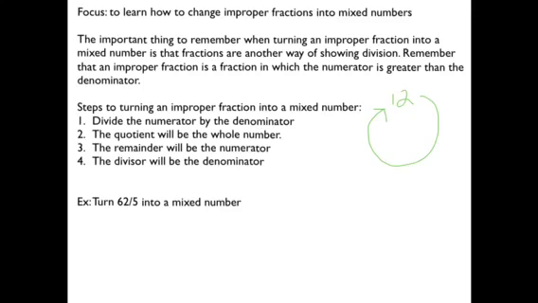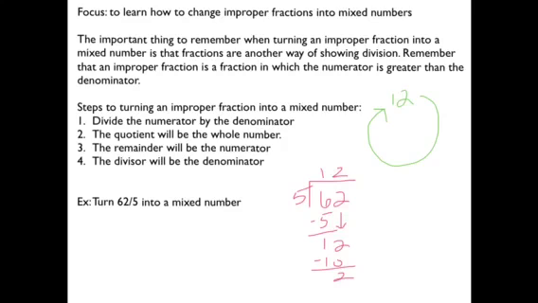So we're going to take 62/5 and turn it into a mixed number. So I'm going to divide 62 by 5. And 5 will go into 6 once. 1 times 5 is 5. 6 minus 5 is 1. Bring my 2 down. 5 goes into 12 twice. 2 times 5 is 10. 12 minus 10 is 2.